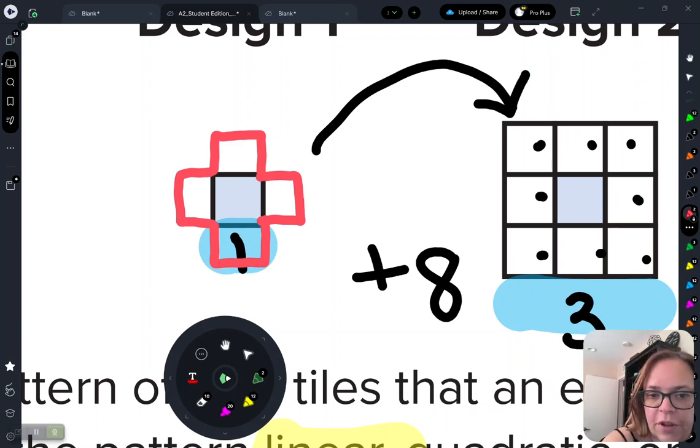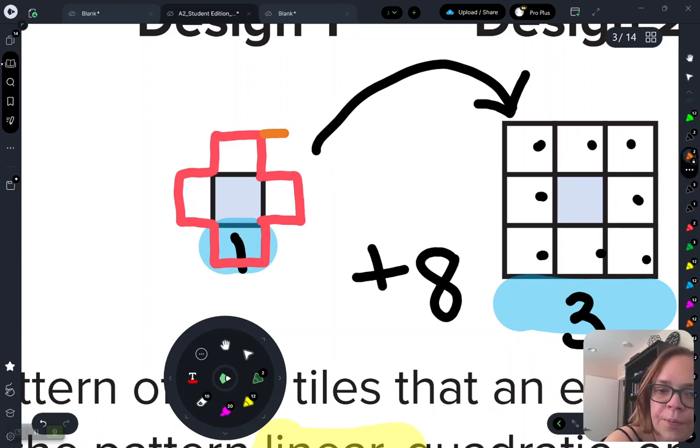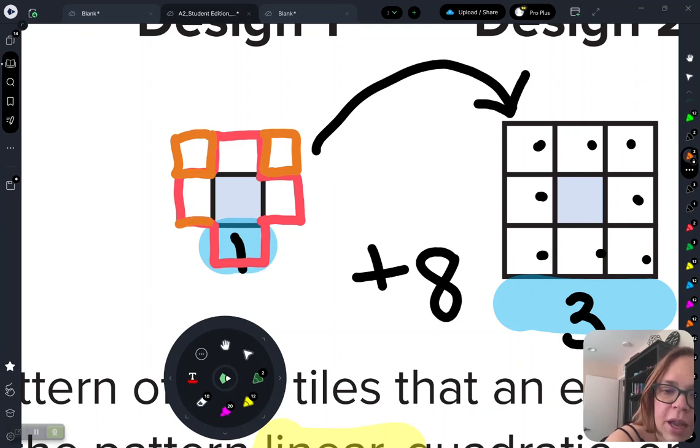You have to fill in the sides, but then there's also these 4 in the corners here to make the square, right? See how that works? So that was 1 for each of the sides, because the side length was just 1. Okay. And then we added those corners.